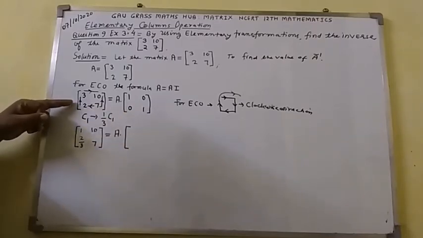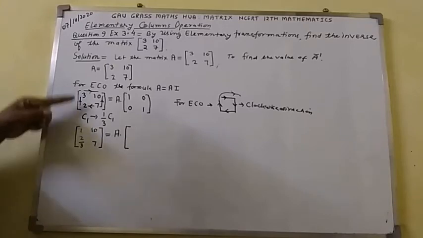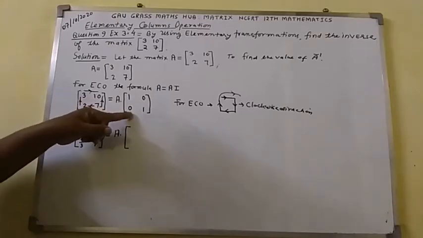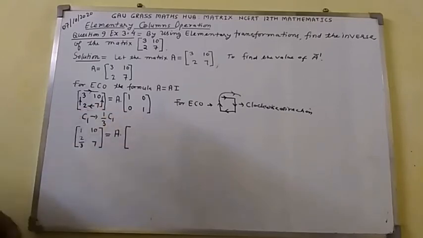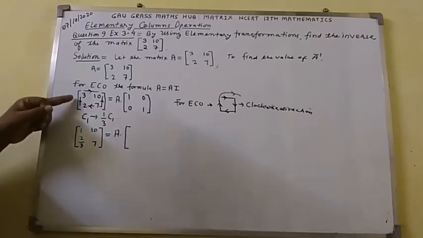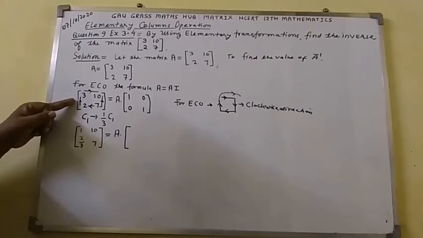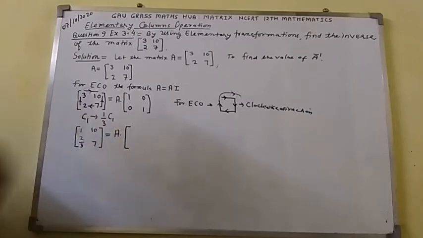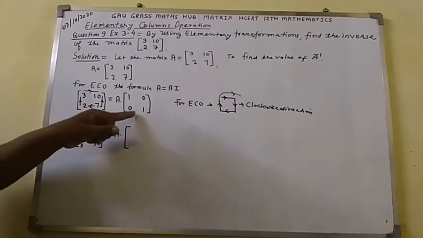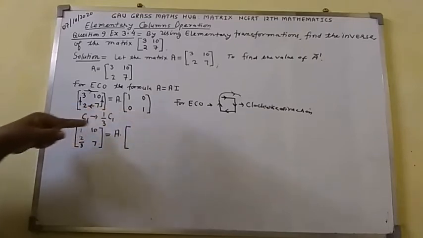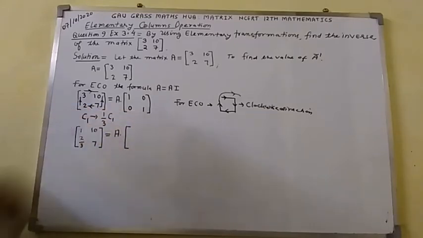Once again, whatever operations are carried out in the given matrix, the same operations will also be carried out in the identity matrix. So here in the given matrix, I have applied this property. So in the identity matrix also this property will be applied.